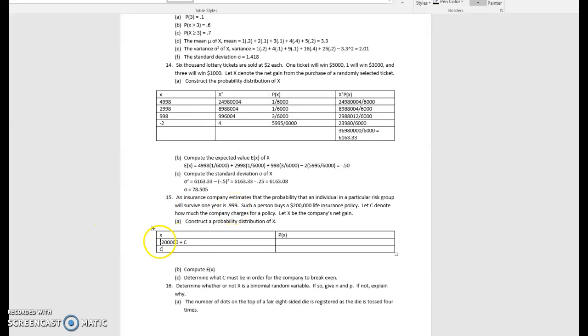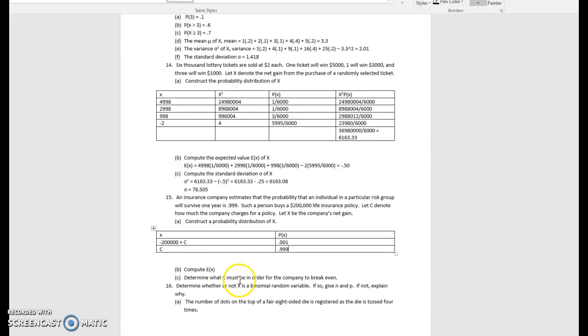So the probability that they would die is 1 minus 0.999, or 0.001. All right, and the probability that someone lives and has to pay whatever that C is going to be 0.999. All right, so there's our probability distribution.